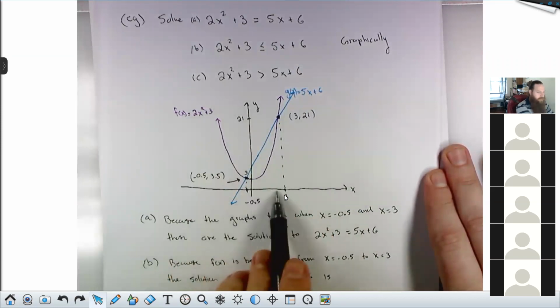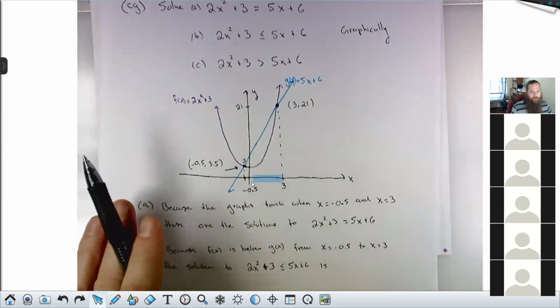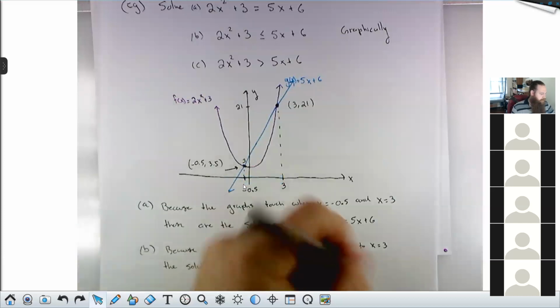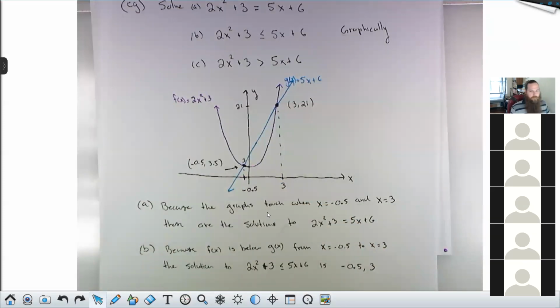It's the interval of x values in here. So that's the interval from negative 0.5 to 3. And my question for you is, should I put a bracket or a parentheses here and a bracket or a parentheses here, and why?